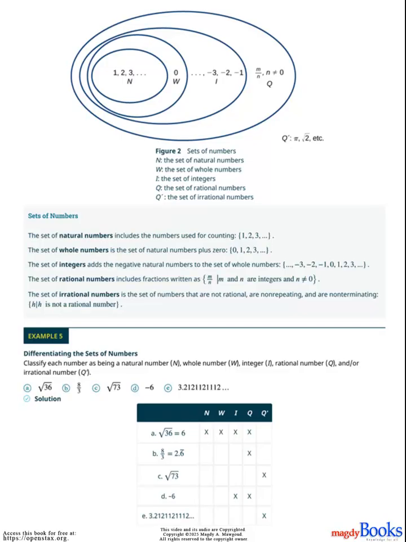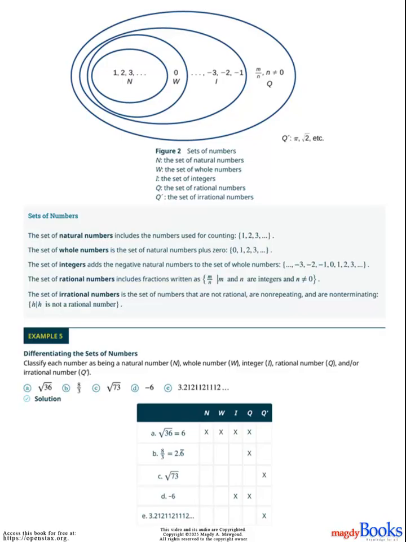Sets of numbers. The set of natural numbers includes the numbers used for counting: 1, 2, 3, and so on. The set of whole numbers is the set of natural numbers plus 0: 0, 1, 2, 3, and so on. The set of integers adds the negative natural numbers to the set of whole numbers: -3, -2, -1, 0, 1, 2, 3, and so on.